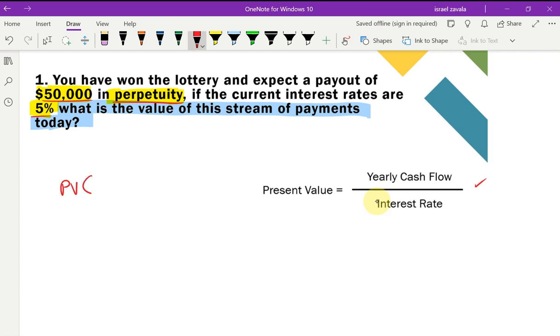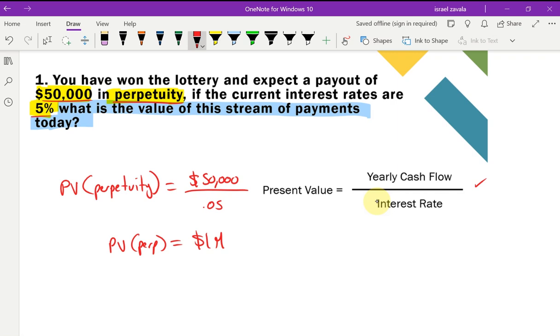So the present value of the perpetuity is going to be equal to the $50,000 divided by 0.05. That means that the present value of this perpetuity is going to be equal to $1 million.